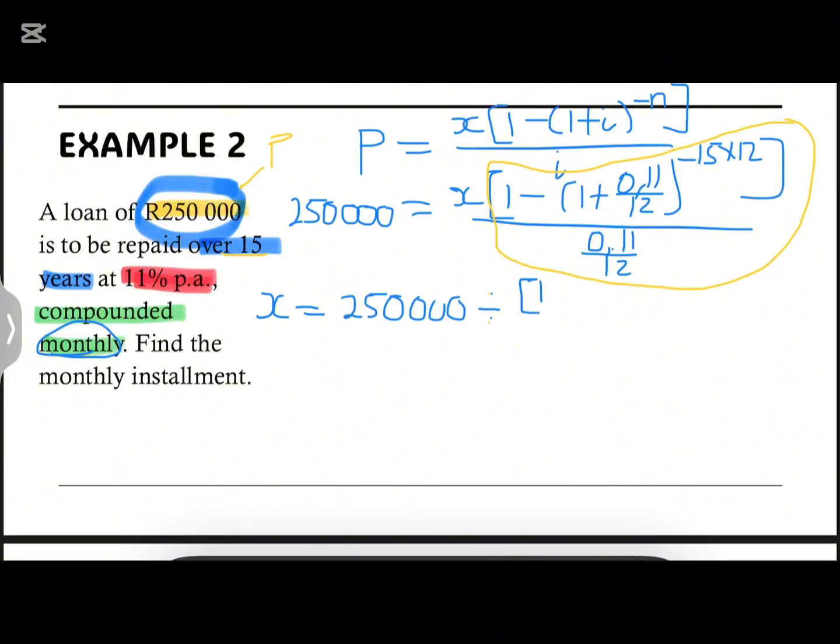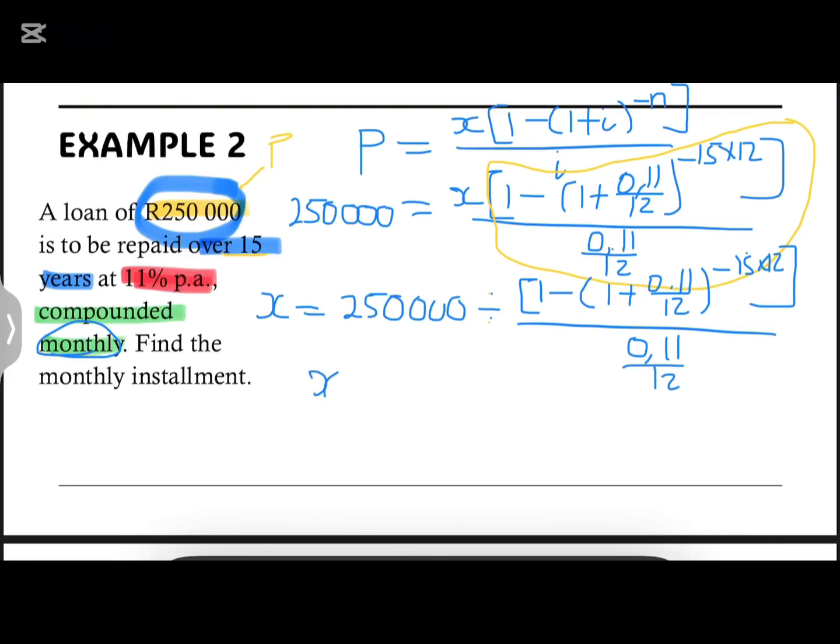Then you're going to have, you open the bracket, 1 subtract 1 plus 0.11 divided by 12 to the power negative 15 multiplied by 12. Then you close the bracket, you divide by 0.11 divided by 12. It's compounded monthly. Then in that case now you can find your value of X.